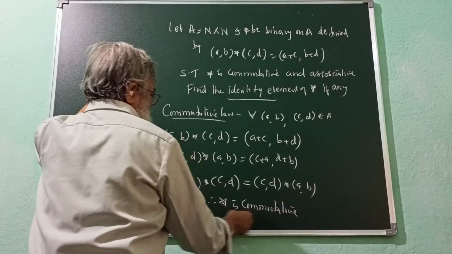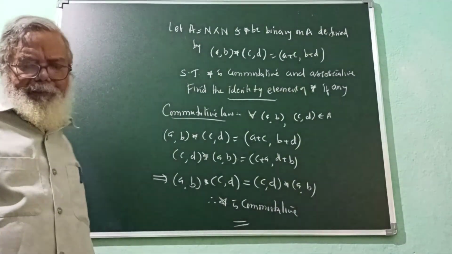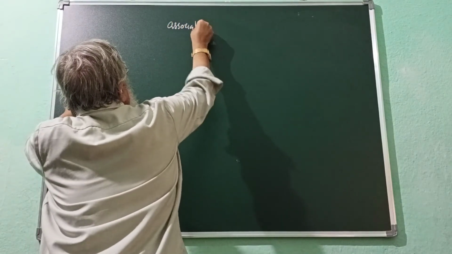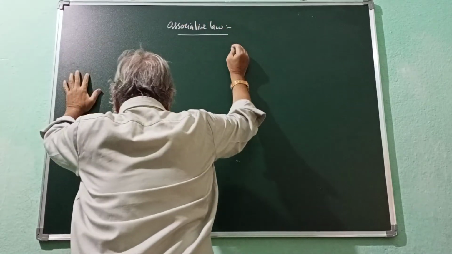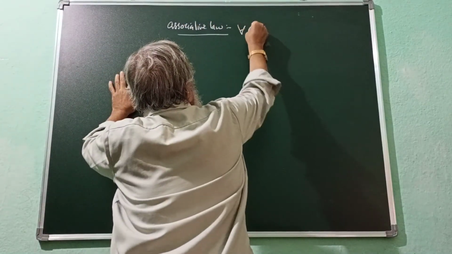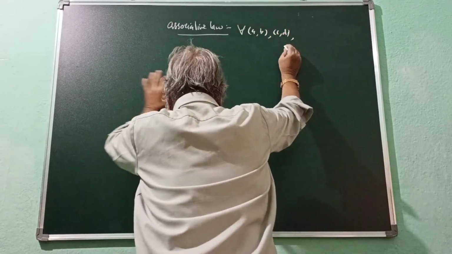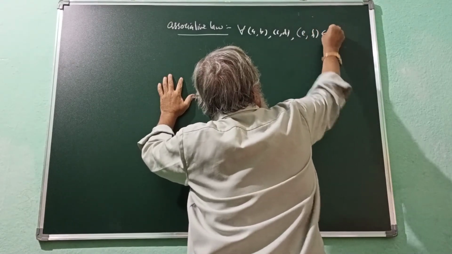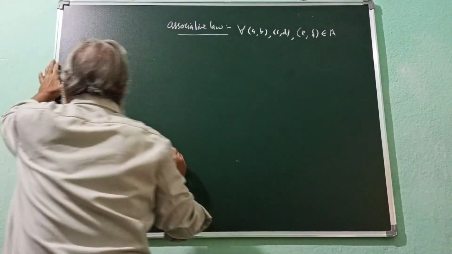Now we have to prove the associative law. That is, for any three ordered pairs AB, CD and EF belonging to A, suppose. Let us check the left hand side of the associative law.